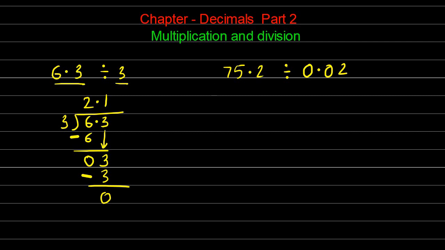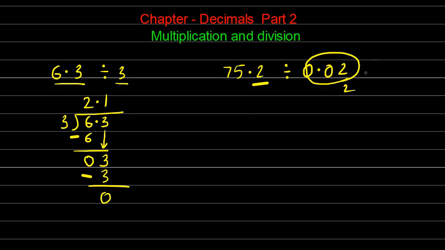If you are going for some competitive exam, once you know the method, you can solve many of the questions. So let's see how to do it. Basically choose the number which has the highest decimal places, that is this 0.02, it has 2 decimal places, and this has only 1. So choose the one which has the highest decimal places and convert them into whole numbers.